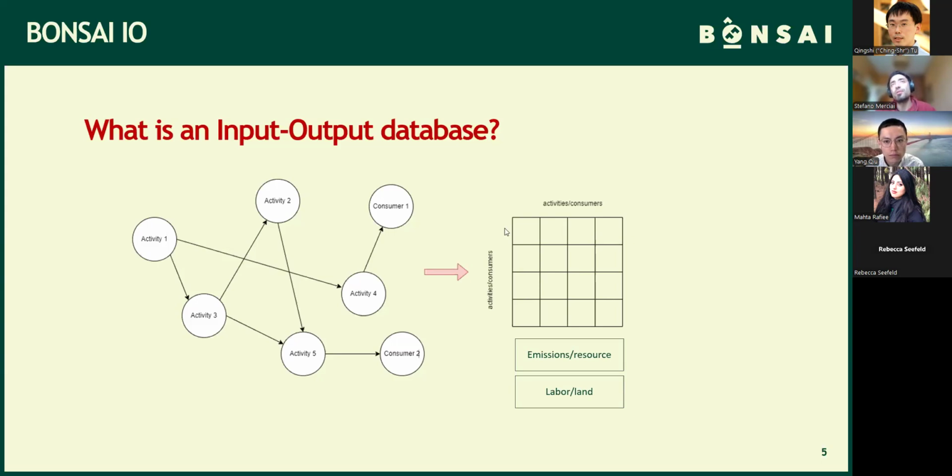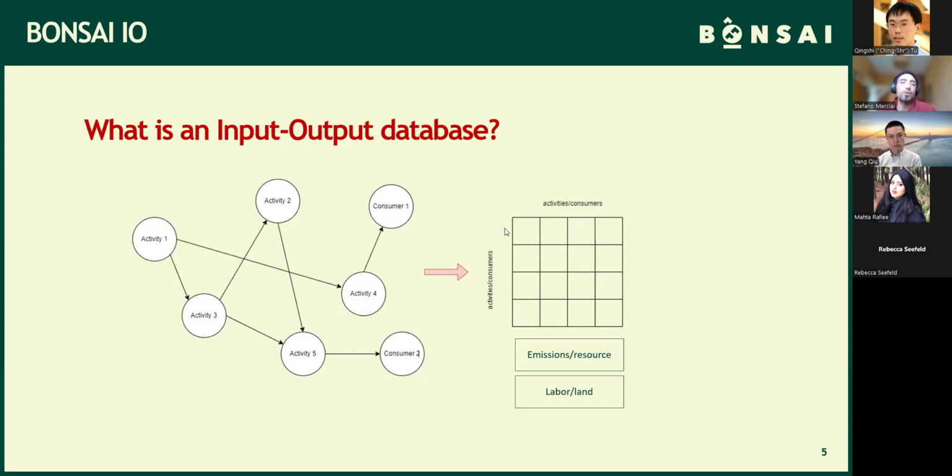In a matrix format, from one side you have the source of your flows, and on the other side, on the rows and on the columns, you have the destination of your flows, for activities and consumers. And then you have a matrix, and that is exactly what an input-output table is. An input-output table is nothing more than the same information that you can have in a chart or diagram, but structured in a matrix.